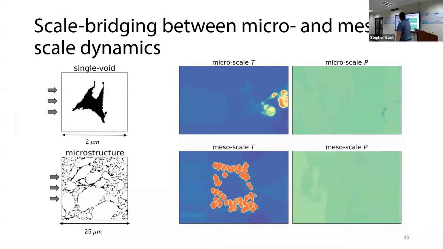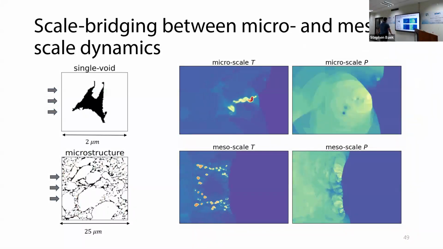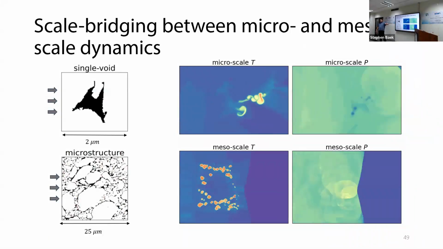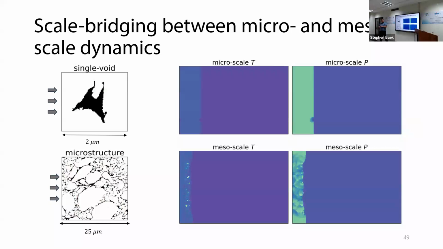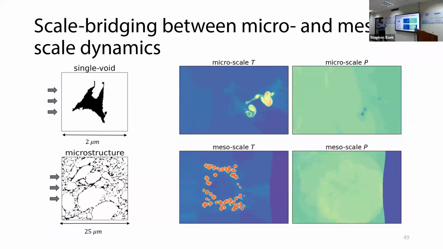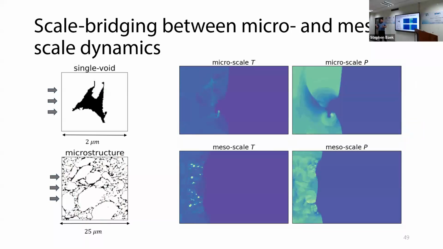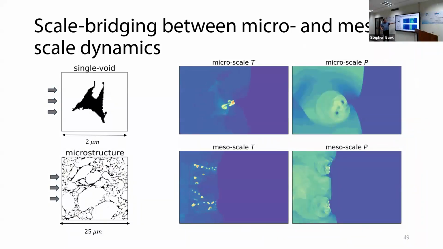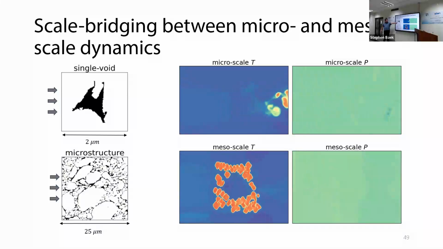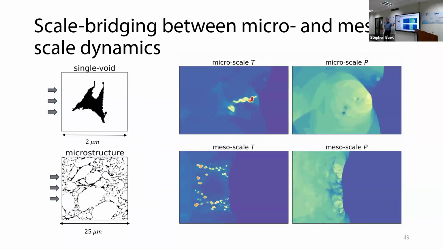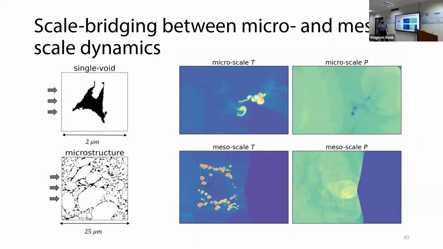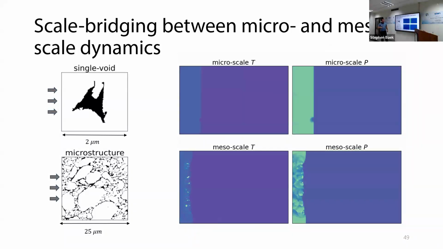Now, the real interesting part in this work is the idea of scale bridging. In a lot of mechanical simulations and a lot of physics phenomena, there are different things happening at different scales. At a micro scale with a single pore, all these weird patterns emerge as the temperature and the pressure evolve.